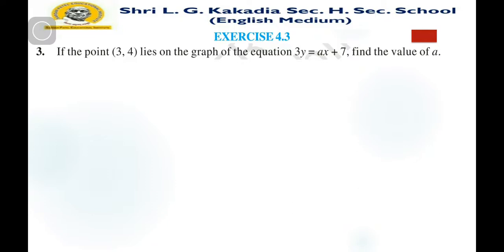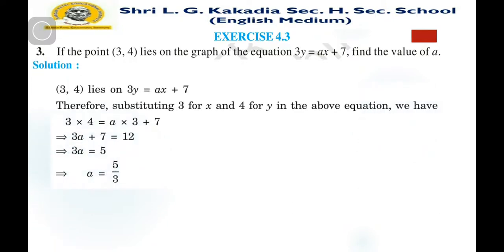That is, if we put the values of x and y from the coordinates of the given point in the given equation, then we find both sides are equal. So let us take x = 3 and y = 4 in the given equation. Then we get that (3, 4) lies on 3y = ax + 7.